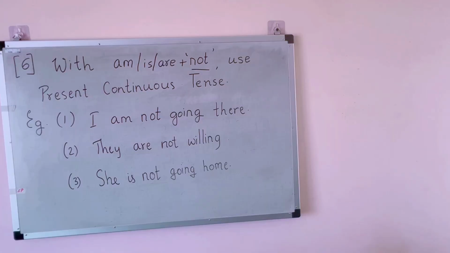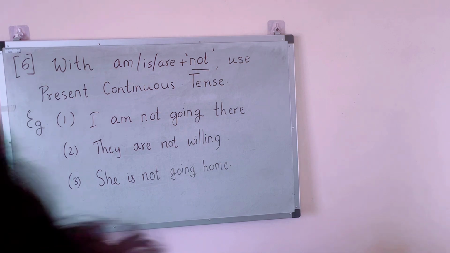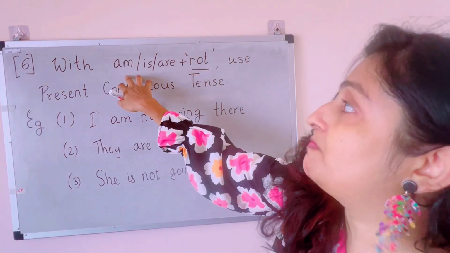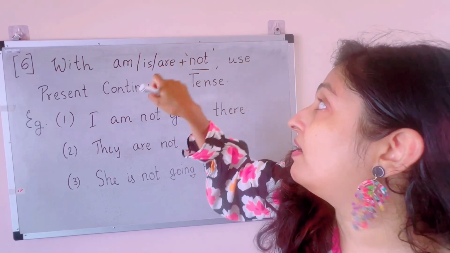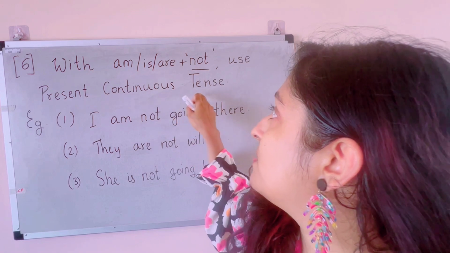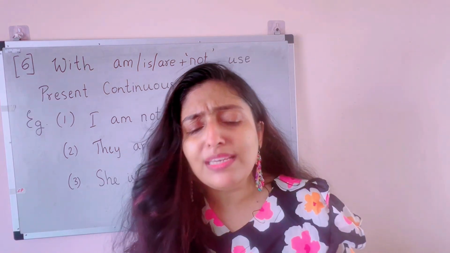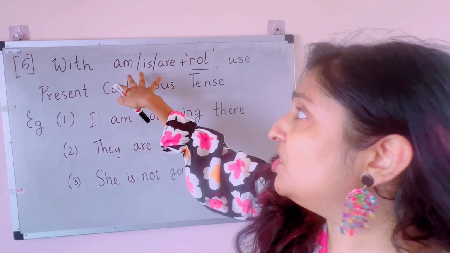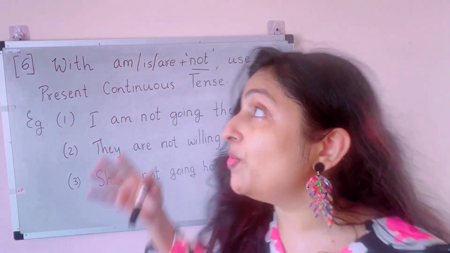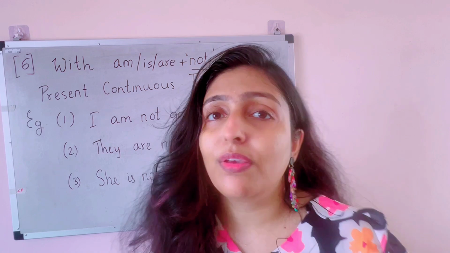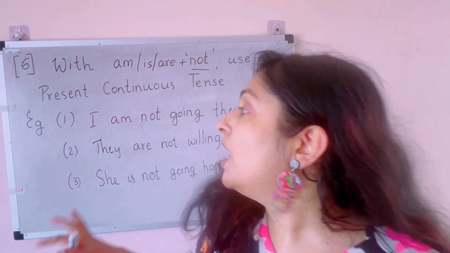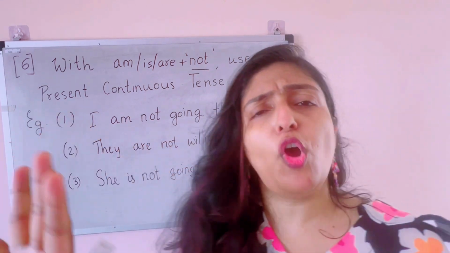Here comes the 6th rule, and that is, with auxiliary verbs like am, is, are, with not, use present continuous tense. It means that when you are making use of these 3 auxiliary verbs along with a negative, you have to use present continuous tense. Look at the examples. I am not going there.